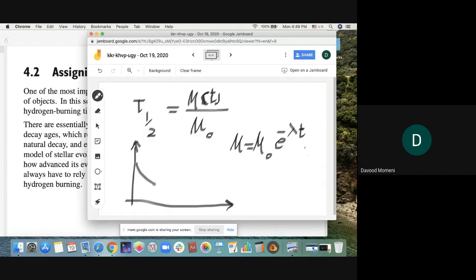Theoretically, it will disappear fully when a very long time has passed, though that never actually happens. What we call the lifetime is the time when the number of nuclei reaches half of the initial value. So if the initial value is m naught, m naught over 2 will be the half time.